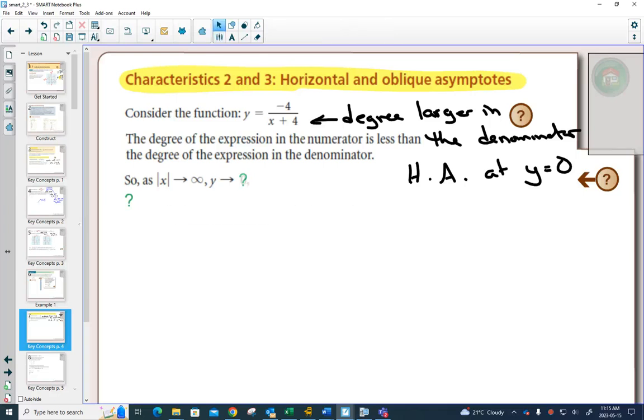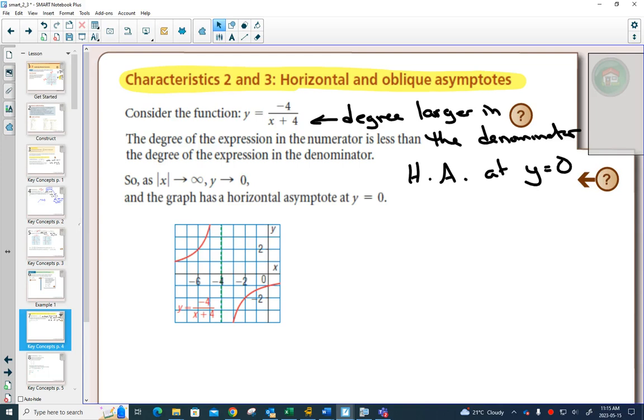You can use the shortcut. The textbook goes into a little bit more of an explanation. It's not too bad. They're basically saying the same thing. When x gets really, really big, it's going to get close to 0. This is formally how we like to write x gets really, really big. We write x, and then we draw an arrow to infinity.